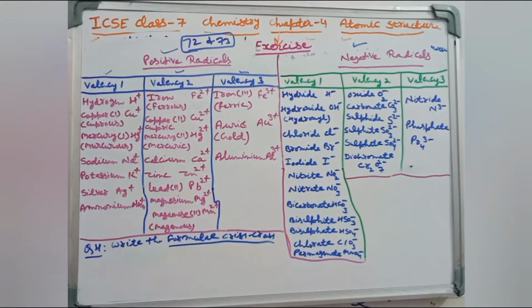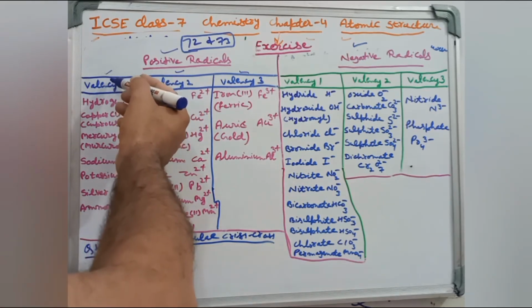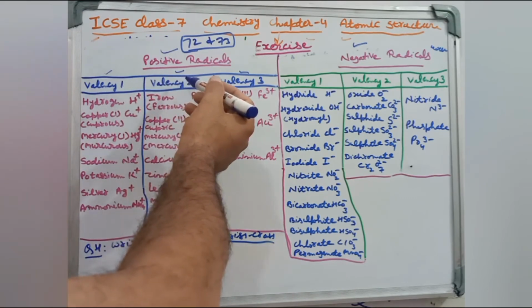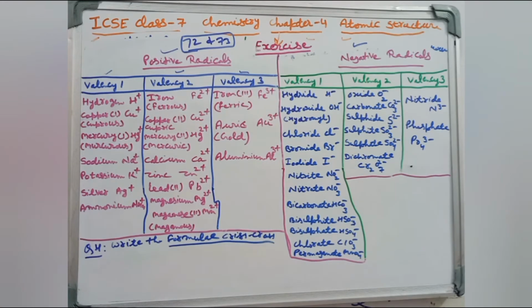You have just read cation and anion; they are also part of this aspect, right? Elements with valency 1 are known as monovalent, valency 2 divalent, valency 3 trivalent, right?